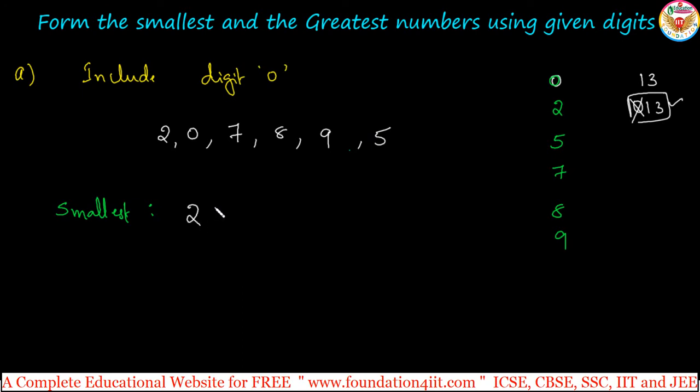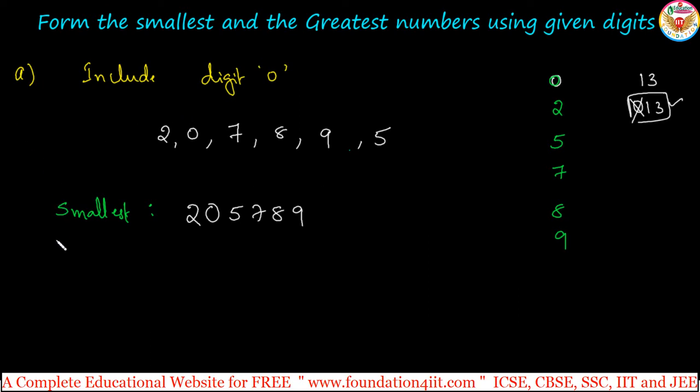Now immediately keep the 0, because 0 can be after the first digit. Next we make the remaining numbers in ascending order, 5, 7, 8, 9. So the smallest number is 205789 using these digits.